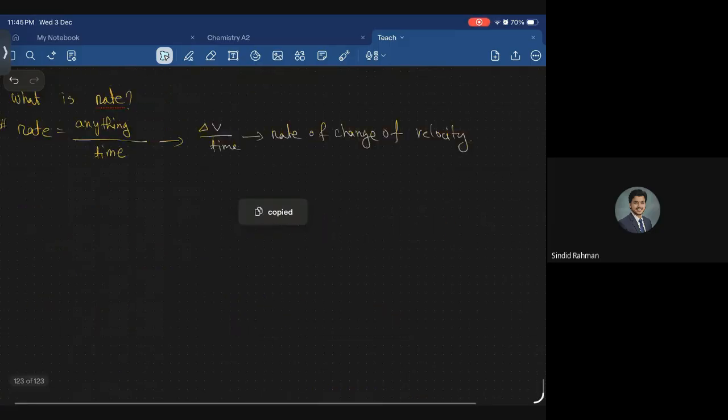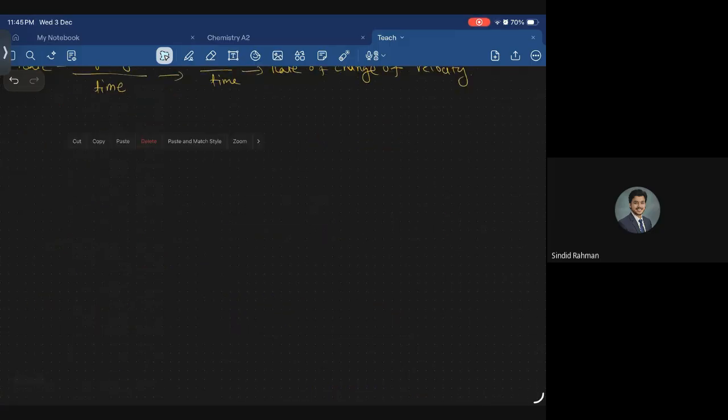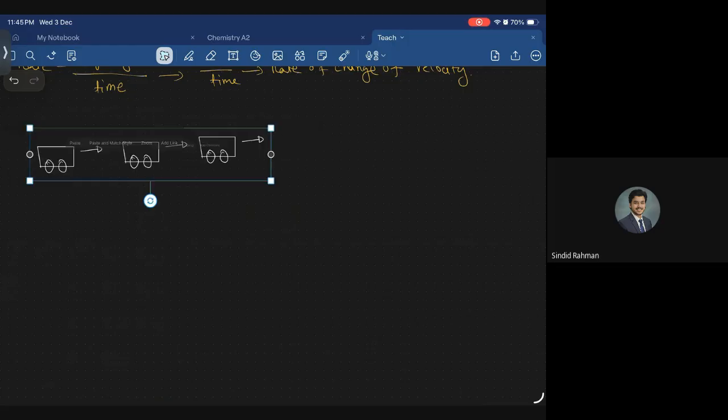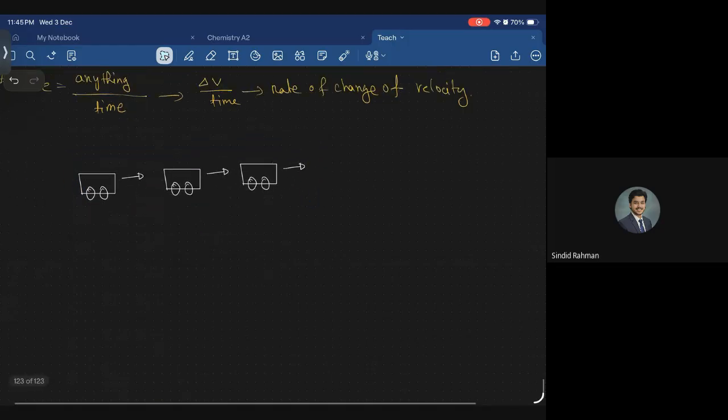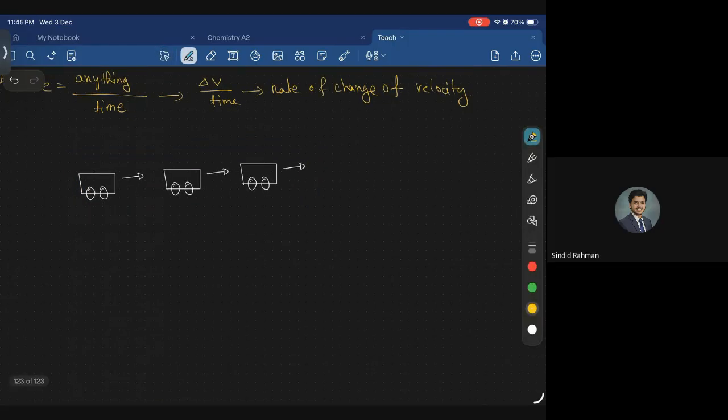Let's say this car is moving from position X. Let me denote X with distance. X is distance, let's say.